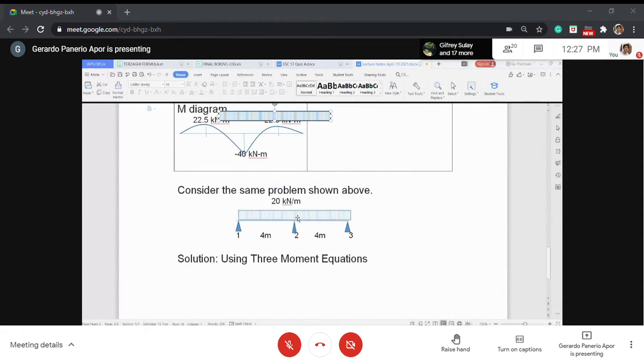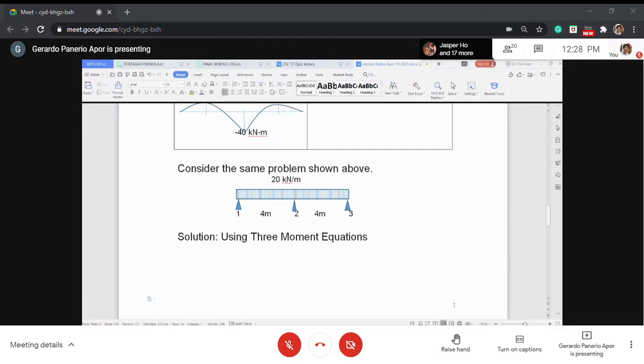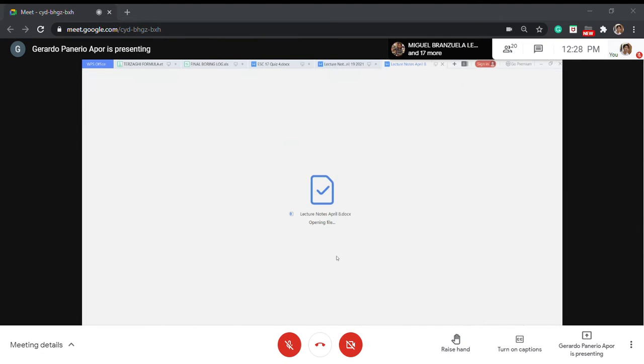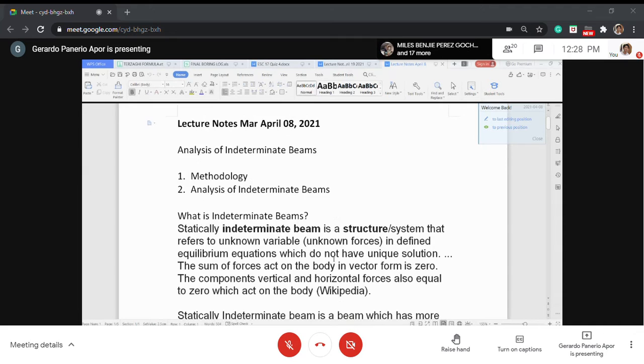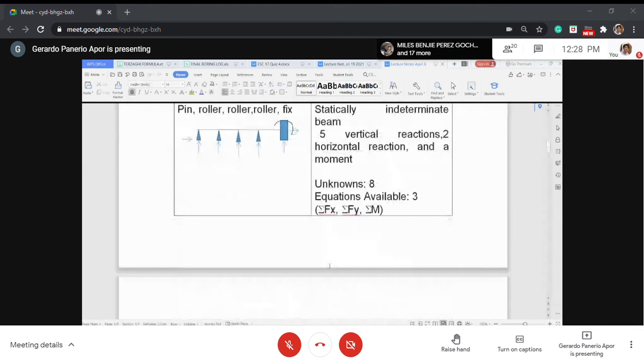Okay, that's it, by three-moment equations. So using three-moment equation, this is our lecture last meeting, and we have to solve an example. I will refer from it. I think that is our lesson last April 8. Let me see if it's there.